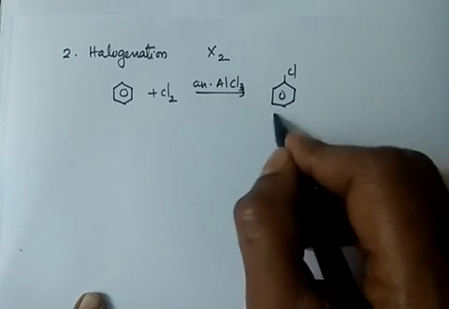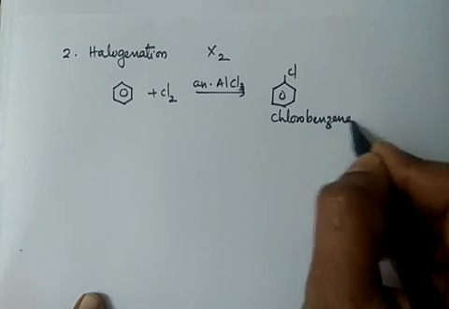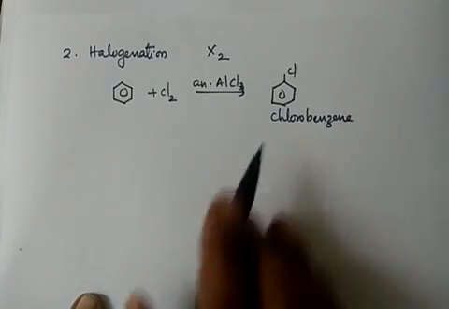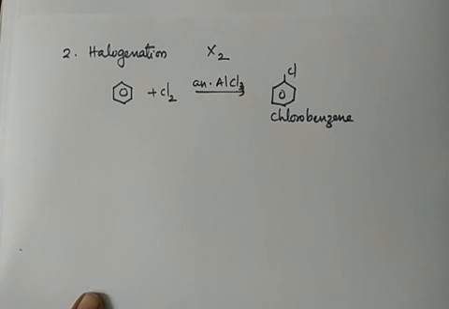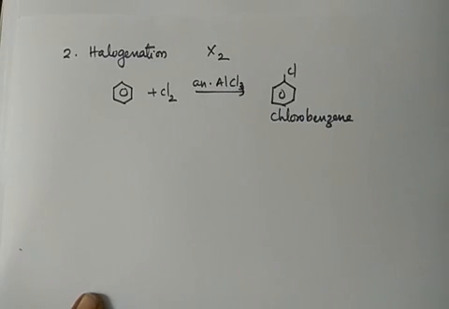Very simple reactions. On nitration, it produces nitrobenzene, and on chlorination, it produces chlorobenzene. On bromination, it produces bromobenzene. So, on halogenation, haloarenes are obtained.